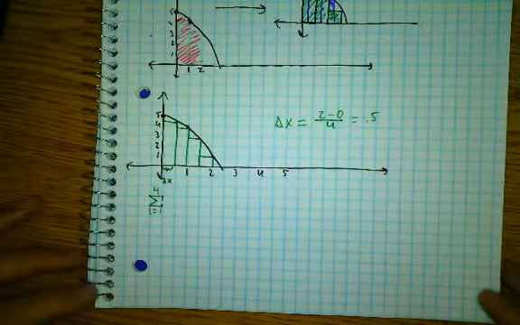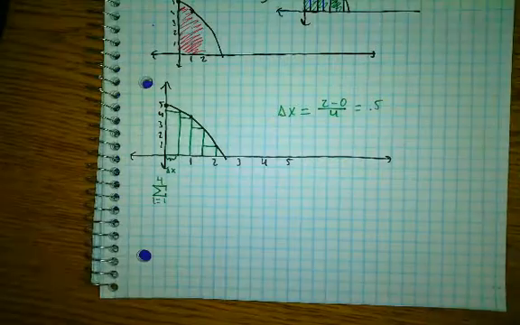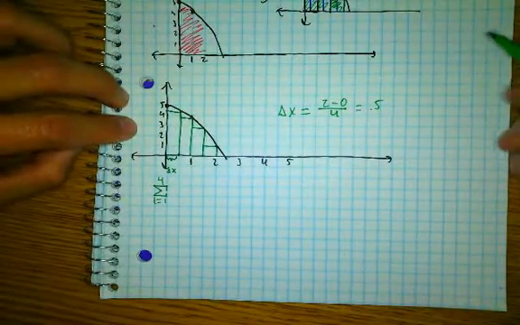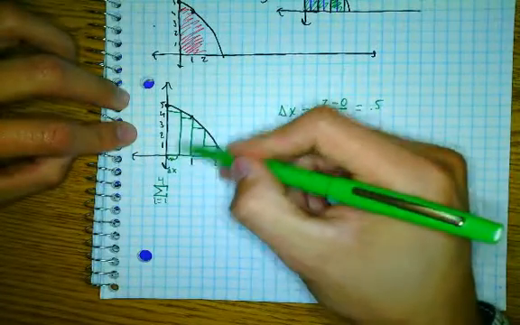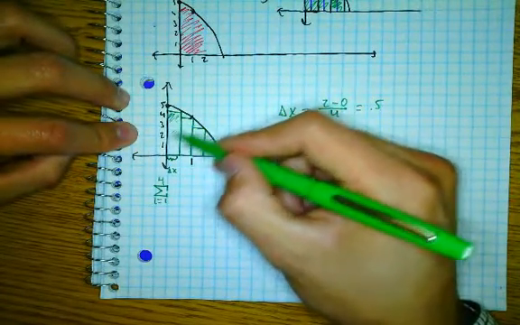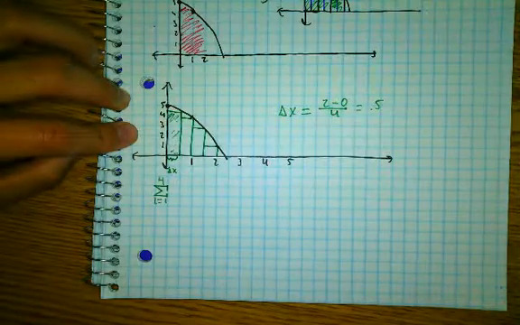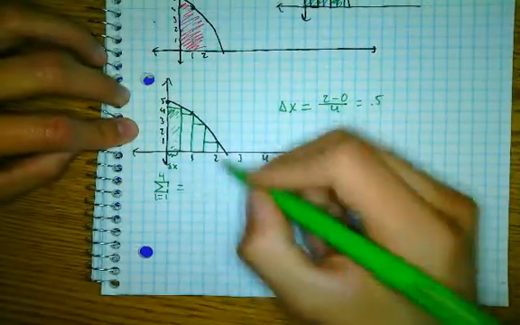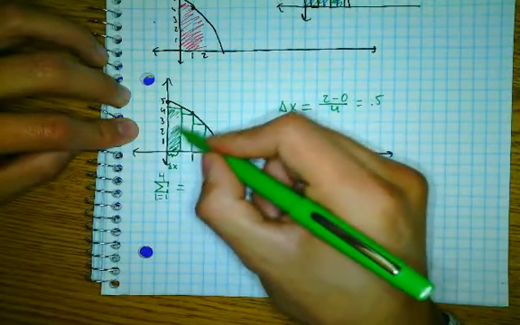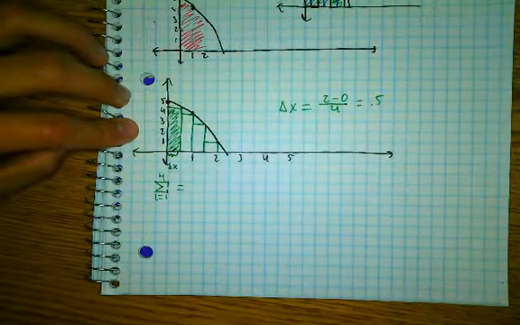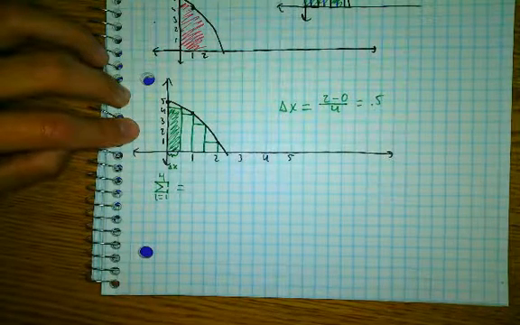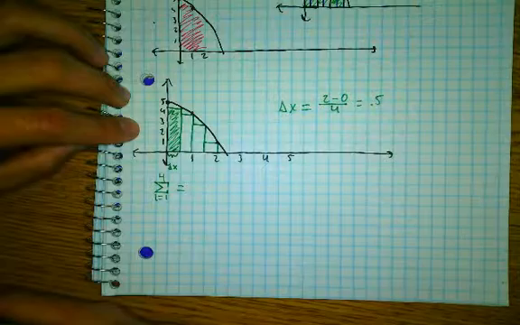All right. If we were to do this rectangle by rectangle, how would you find the area of this very first rectangle right here? What do you guys think? Well, the area of a rectangle is length times width, right? We know that from here to here is delta x.